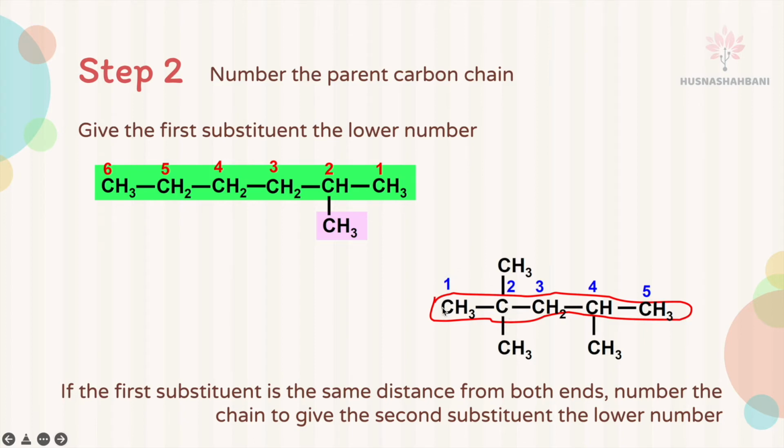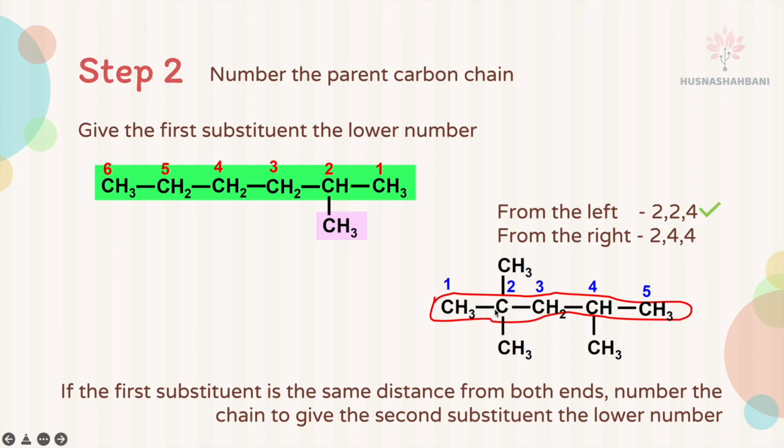If we start counting from the left, the first and second substituent, number 2, and then the third substituent, number 4. So for the lower number, you will get substituent numbers from the left 2, 2, 4, and from the right 2, 4, 4.